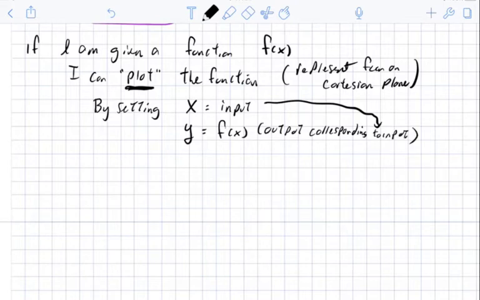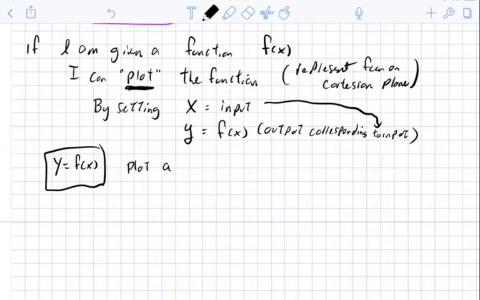So a shorthand for this is just us writing y is equal to f of x, and that means draw the function as a line on the Cartesian plane.